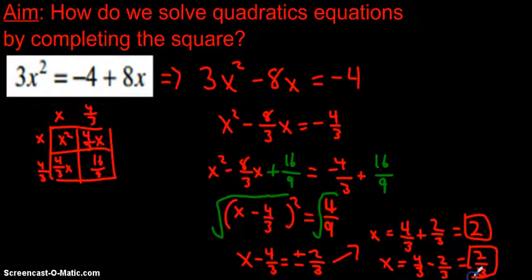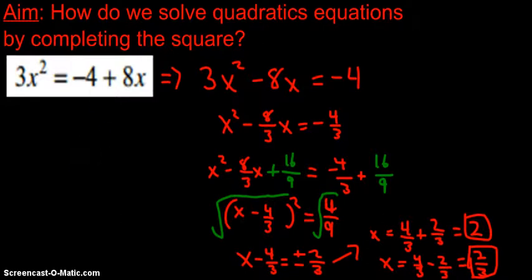And just to confirm that, you can solve this by factoring. So looking back at the original problem, I'm going to do it over here. We can do this by factoring. So that's 3x squared minus 8x plus 4 equals 0.